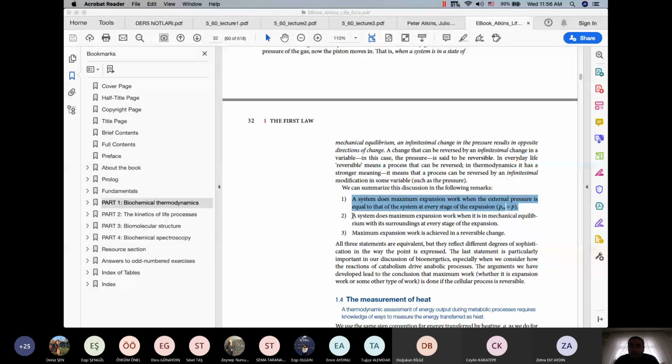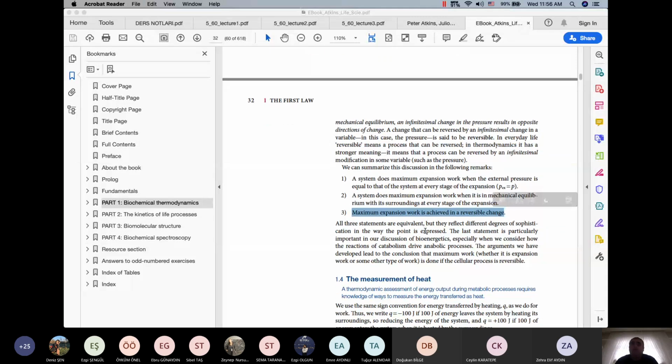For a reversible process, the maximum work is produced. A system does maximum work when it is in mechanical equilibrium with the surroundings at every stage. The maximum expansion work is achieved in a reversible change.